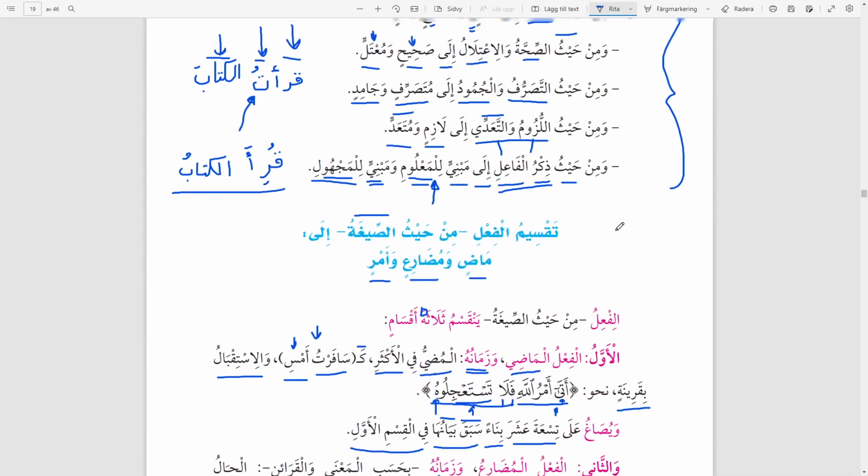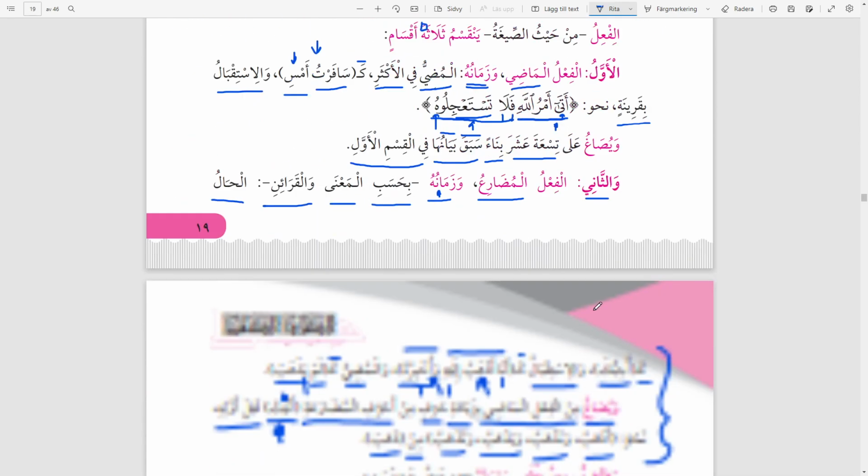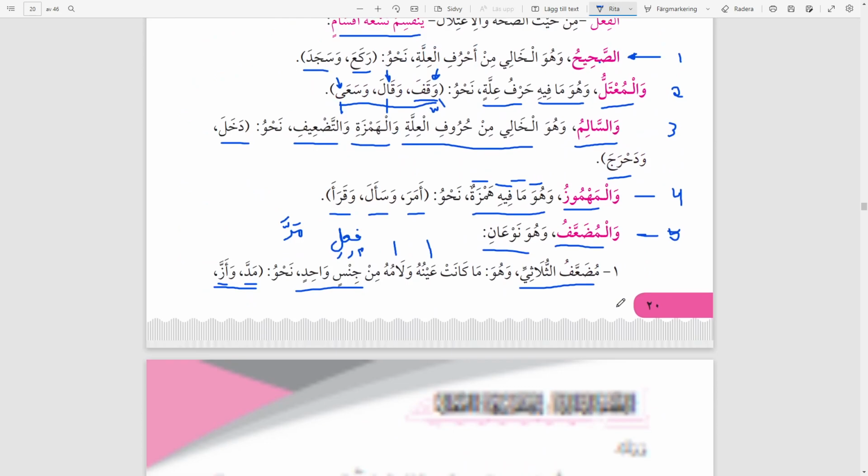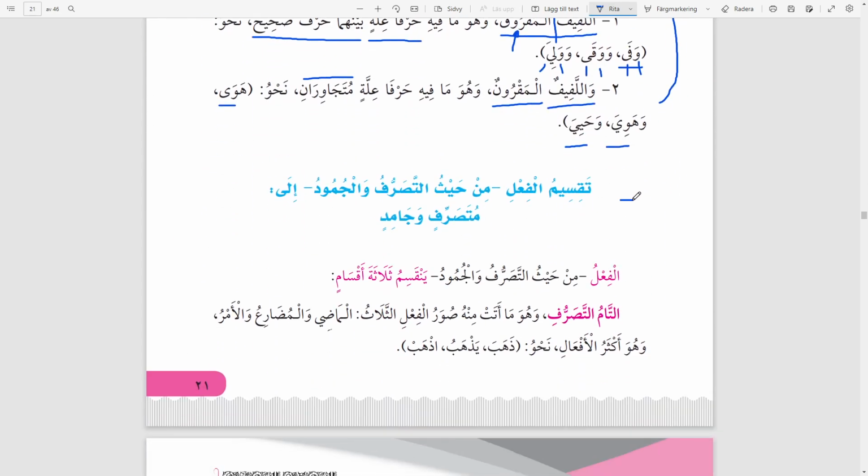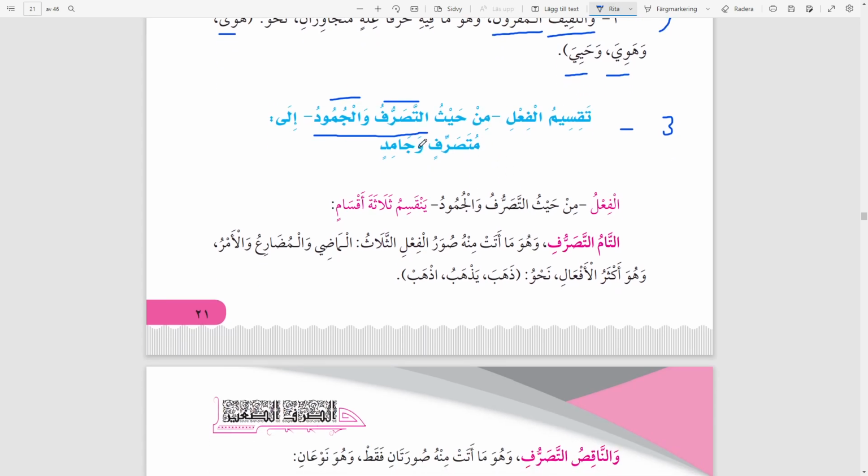Yeah, exactly. So here we are, 1, 2, 3. Okay, 3rd section. It means splitting up the verbs into static and morphable verbs, with regards to morphability and staticness.